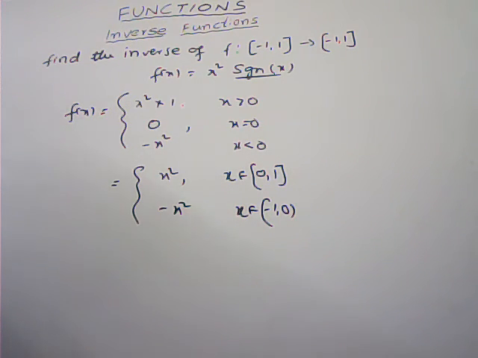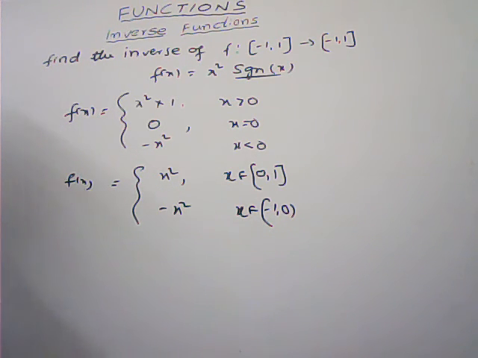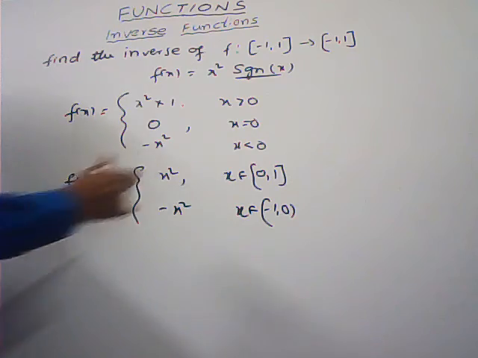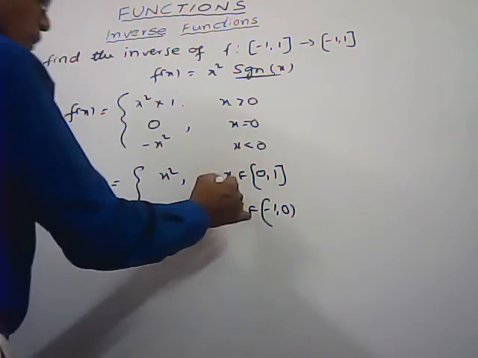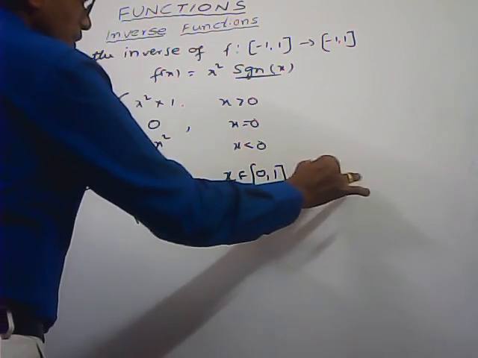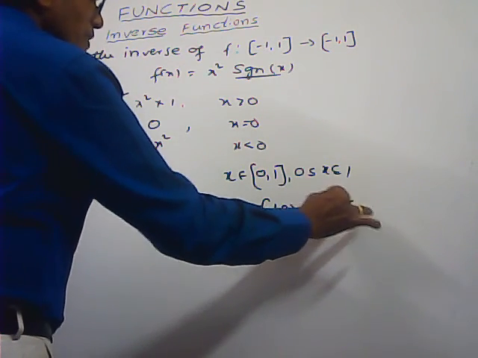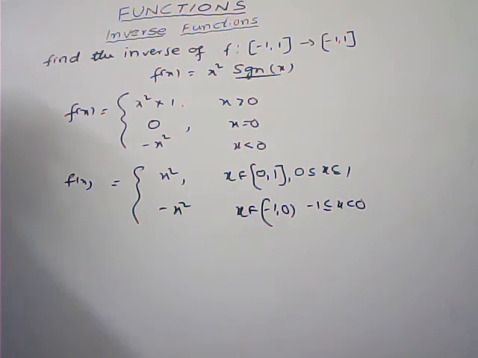Here we can include 0 in both cases also. Now this is f of x. And as we have done previously, we can write x belongs to 0 to 1, or 0 is less than or equal to x is less than or equal to 1, and minus 1 is less than or equal to x is less than 0. We can write it like that.